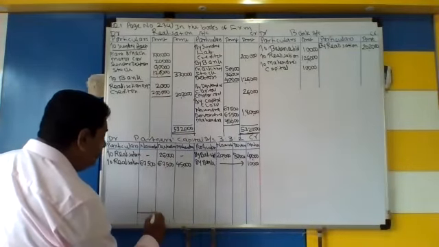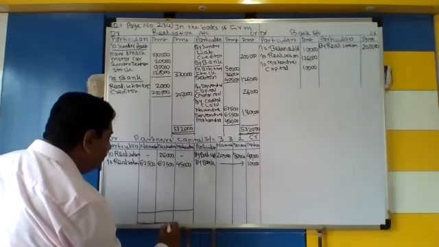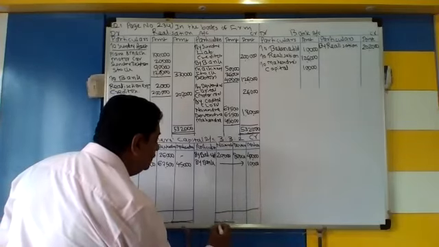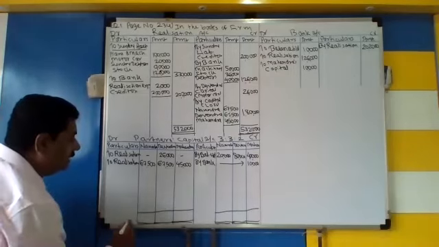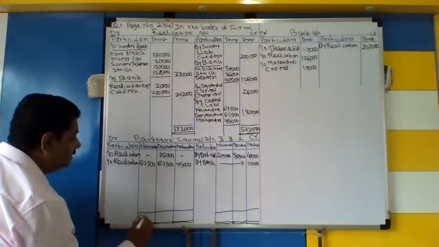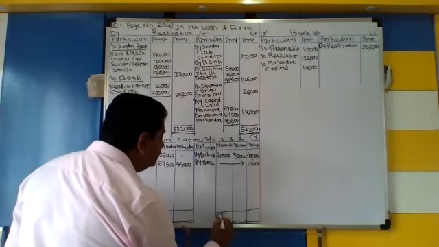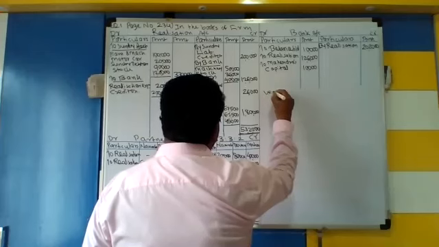Okay, you are requested to take the total of capital of debit side of only Narendra, only Narendra. You have to total the debit of Narendra's capital account. It is 67,500, and write to both sides. And now working note.